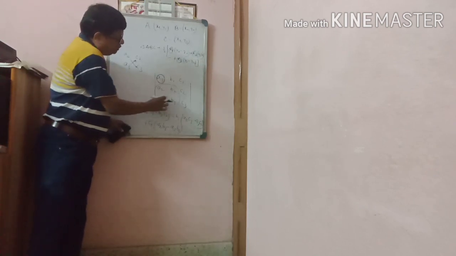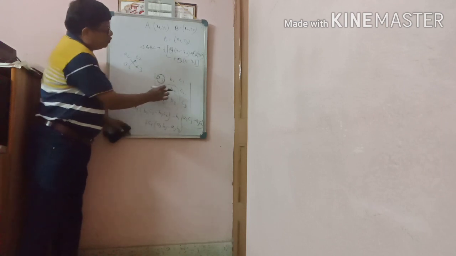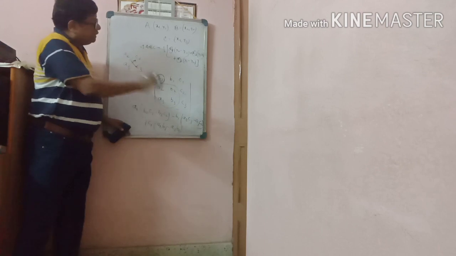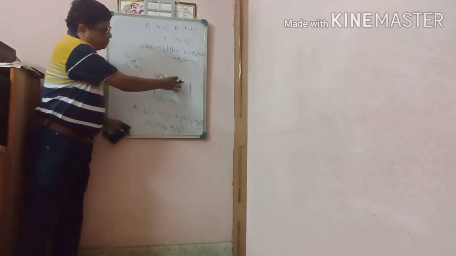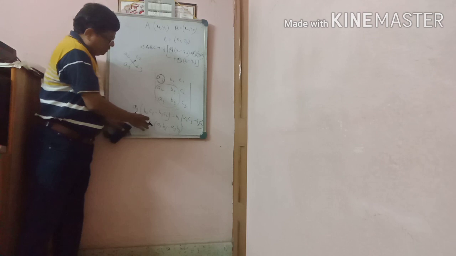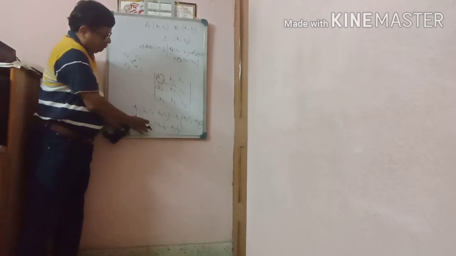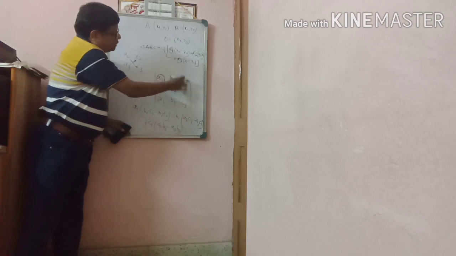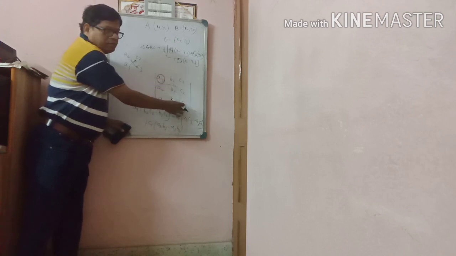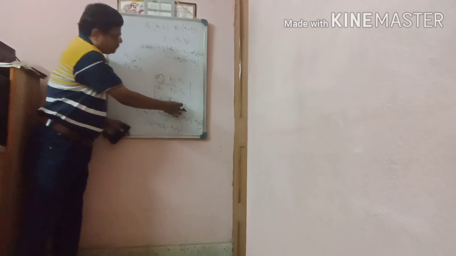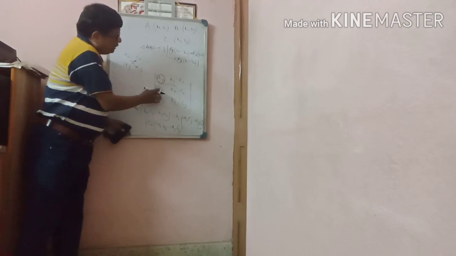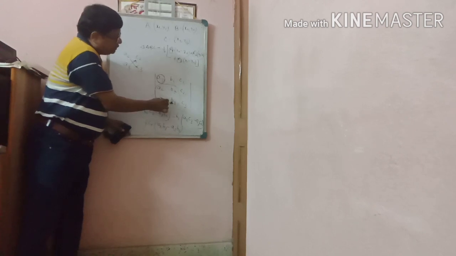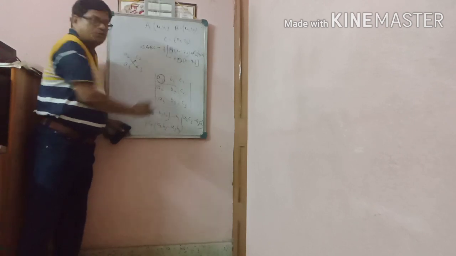So A2C2, A3C3, so A2C3 minus A3C2. Again plus, proper sign plus, so it will be C1, first row and third column. A2B2, A3B3, so A2B3 minus A3B2.